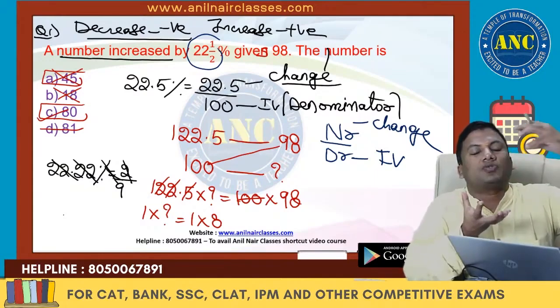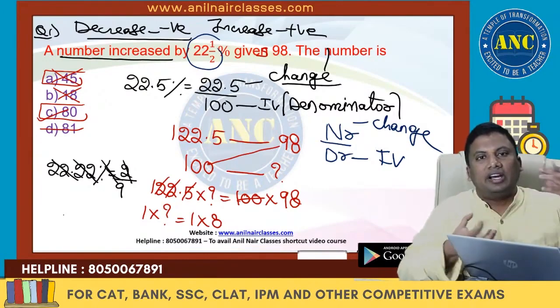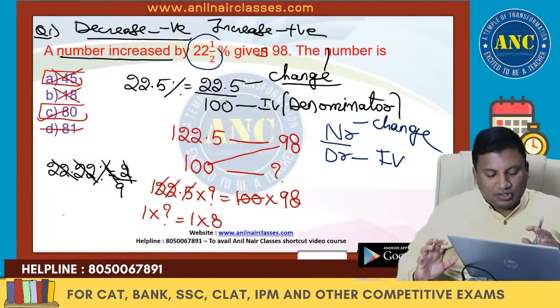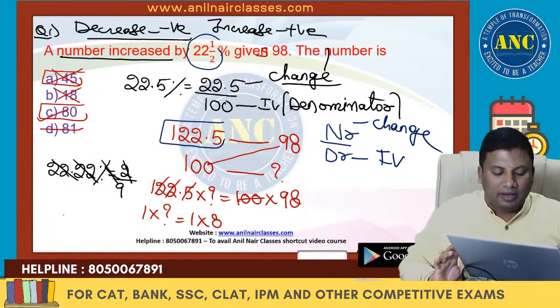On 100, 22.5 got increased, so it becomes 122.5. 122.5 is becoming 98. 100 will become how much?